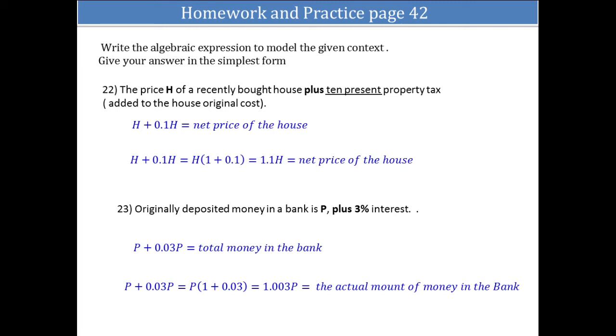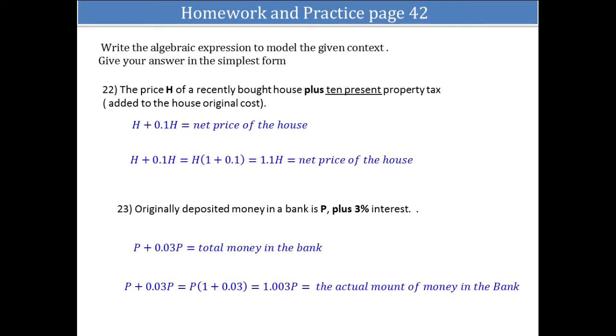For example, I put P money in the bank, 1,000. I get 3% extra money added to my money in the bank. If I put 10,000, I get 3% of my 10,000 added as gain to my money in the bank. If I put $1 million, I get 3% of that $1 million extra added to my money in the bank.